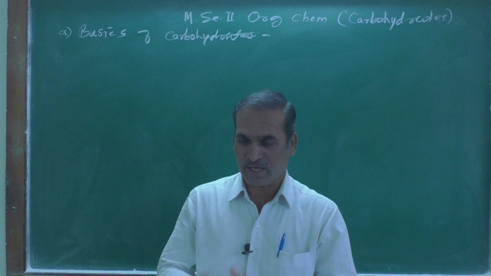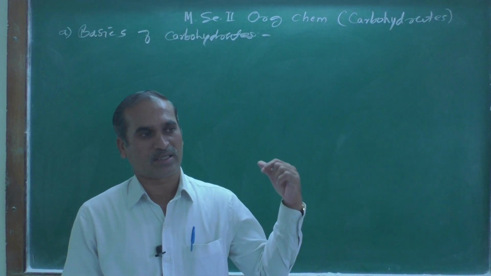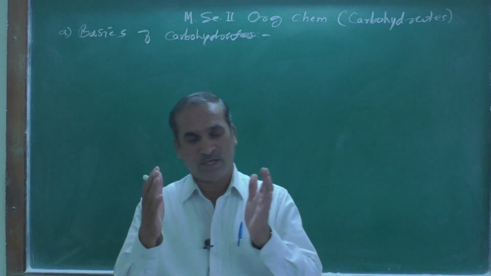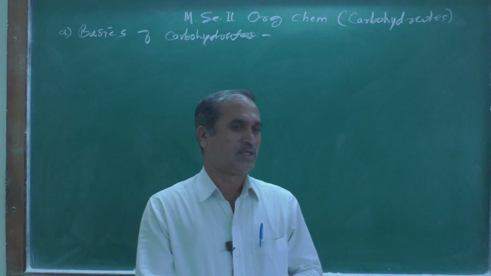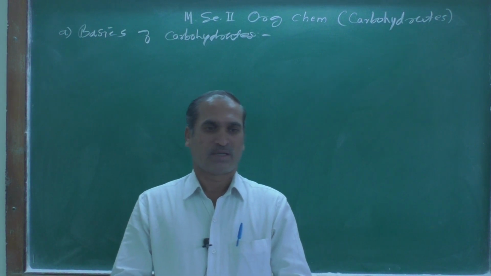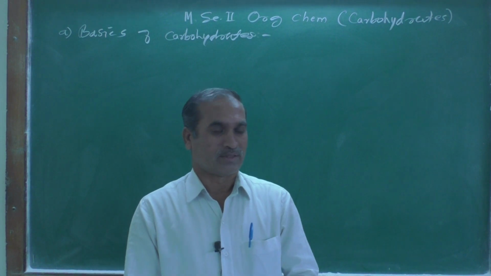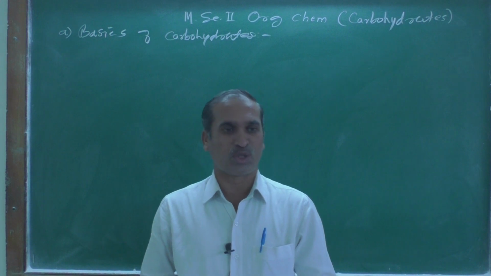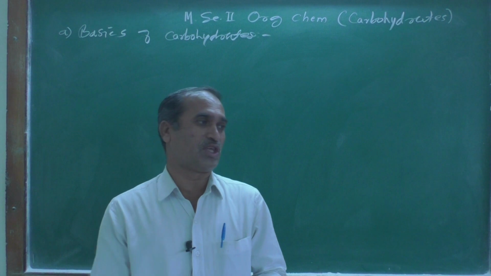G stands for glyceraldehyde, E means erythro, T means triose. Remember, erythro means both the hydroxyl groups OH are present on the same side. That type of structure is known as erythro, generally as D-erythro.